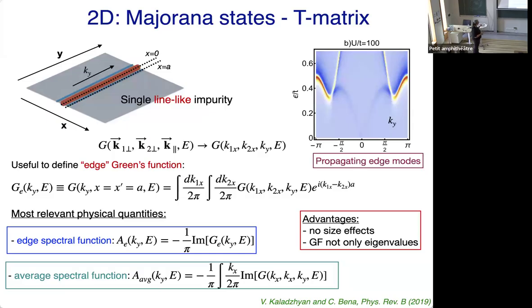So when we perform the Fourier transform of my generalized Green's function to get the edge mode, I just sit at one lattice distance away from the impurity. This gives me the physics at this x, but as a function of ky. So now my physics is localized in space, and it depends on the momentum parallel to the impurity.